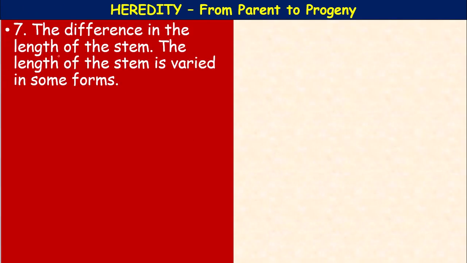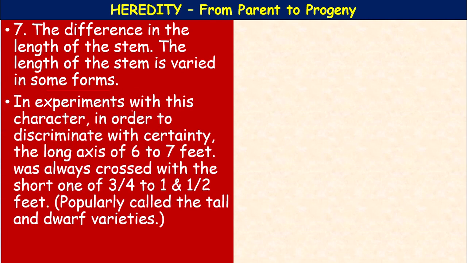The difference in the length of the stem is varied in some forms. In experiments with this character, in order to discriminate with certainty, the long axis of 6 to 7 feet was always crossed with the short one of 3/4 to 1 and 1/2 feet.